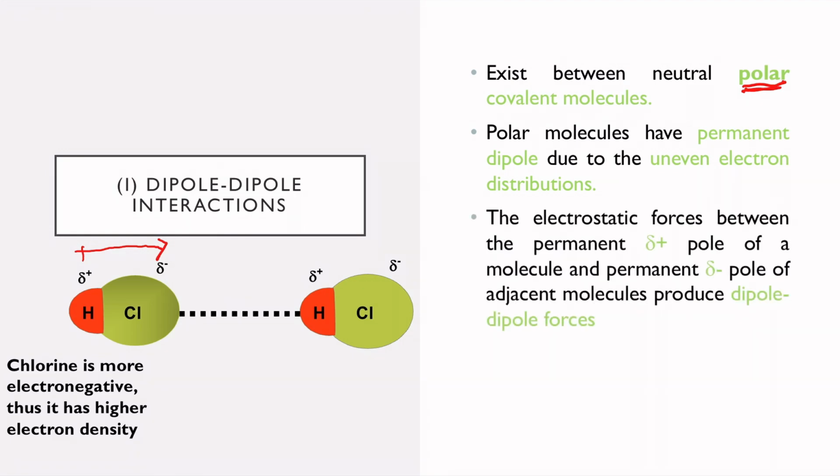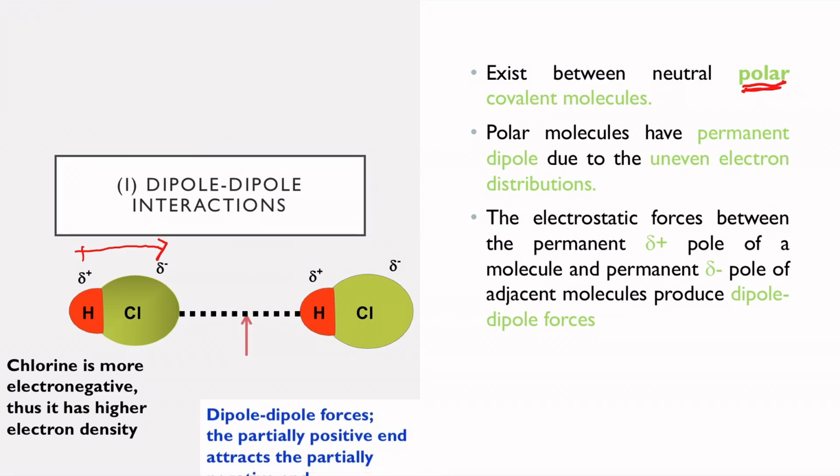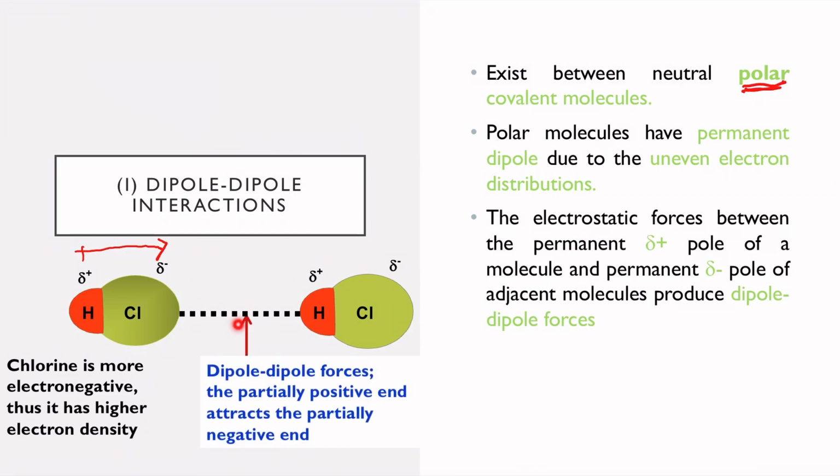The electrostatic forces between the permanent, partially positive pole of a molecule and the permanent, partially negative pole of the neighboring molecule will produce dipole-dipole forces. This interaction, this attraction between these two ends, is called the dipole-dipole force, or permanent dipole.